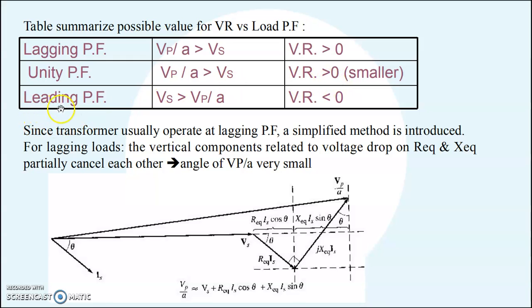And lastly, for leading power factor, secondary voltage is greater than primary voltage over a, which is the turns ratio, and voltage regulation is less than 0. Since transformers usually operate at lagging power factor, which is actual power over apparent power, a simplified method is introduced. For lagging power, the vertical components related to voltage drop on R_eq and X_eq partially cancel each other, so the angle of primary voltage over a is very small.